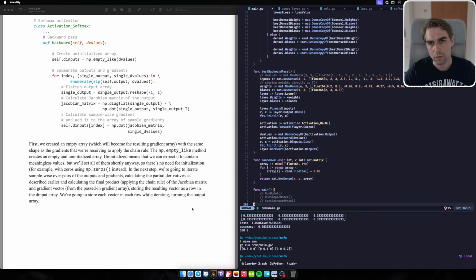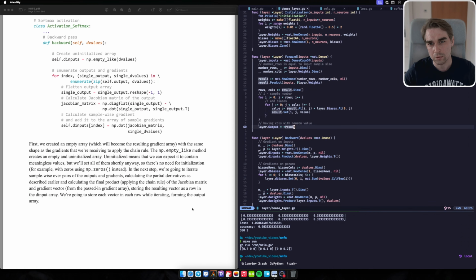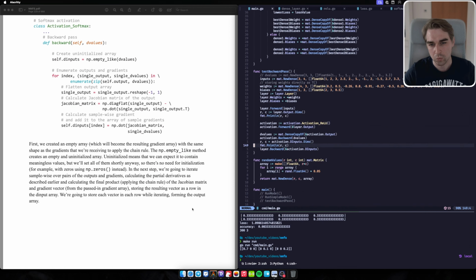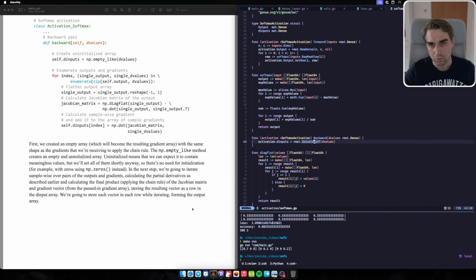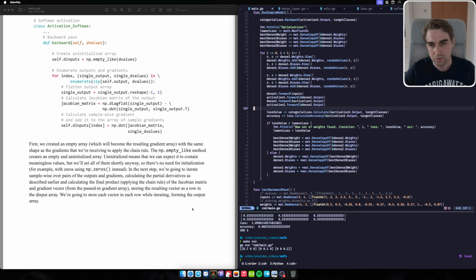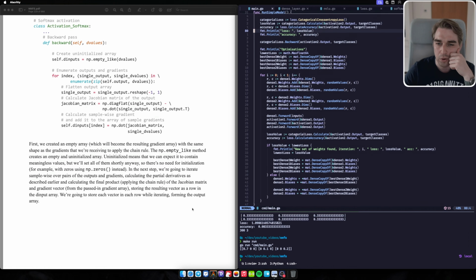By the way, the softmax activation function is not the last one, right?